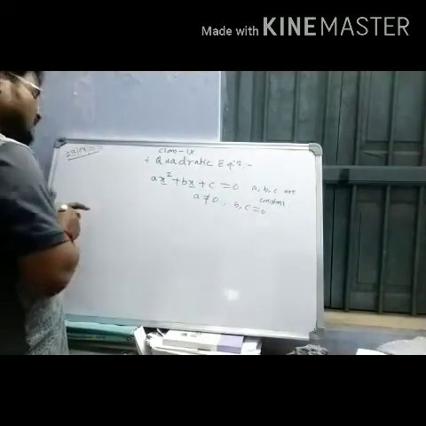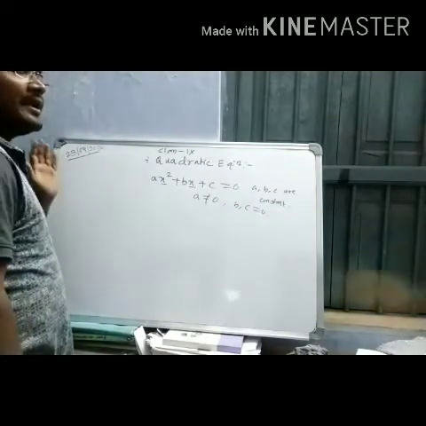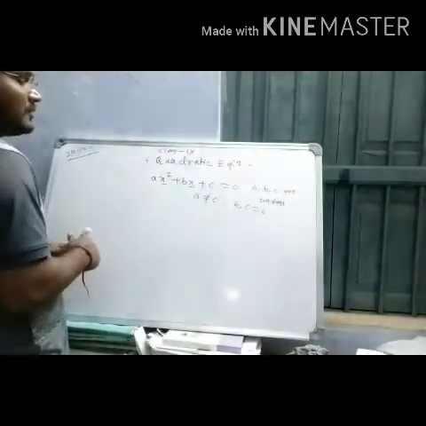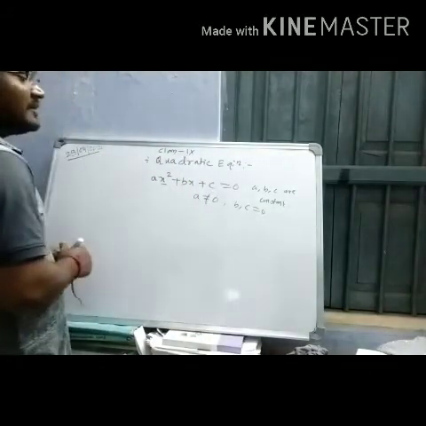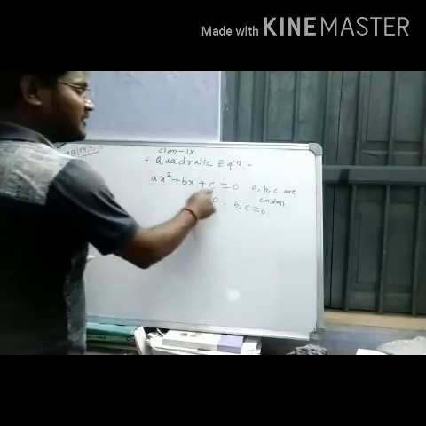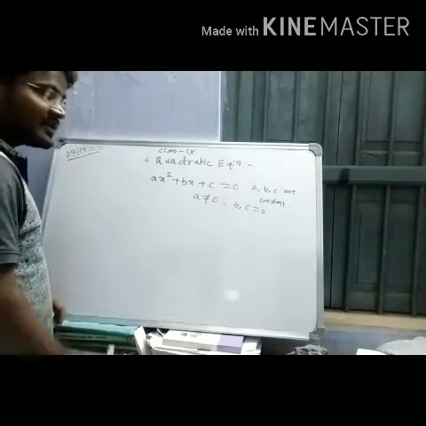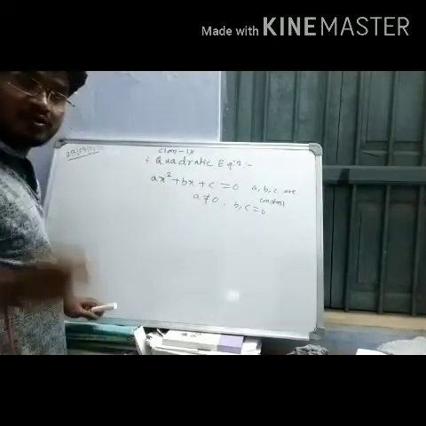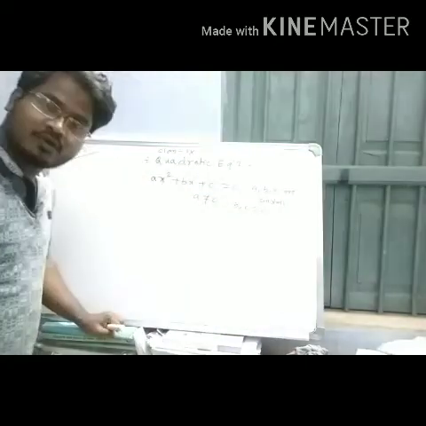But in every quadratic equation, a, the coefficient of x square, will not be 0. Therefore, you have to remember it. The general form of a quadratic equation is ax square plus bx plus c equals 0, where a is not equal to 0. You have to mention a not equal to 0.